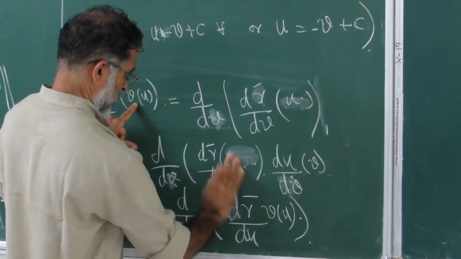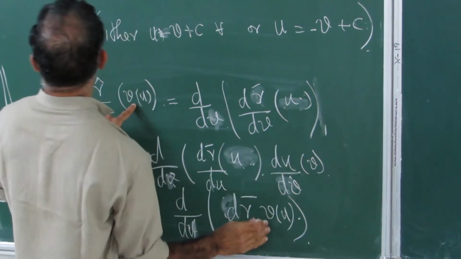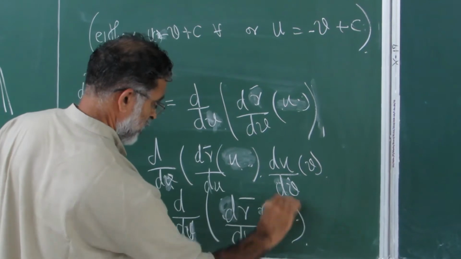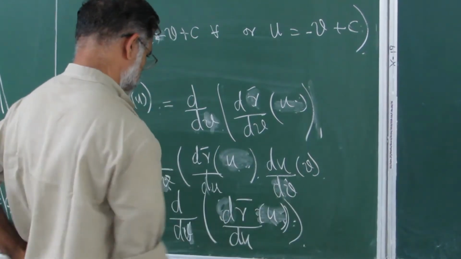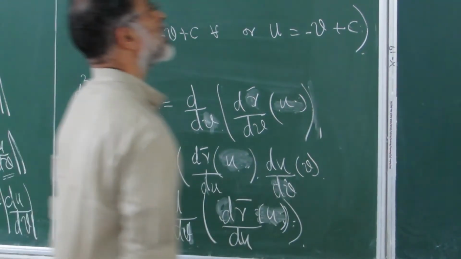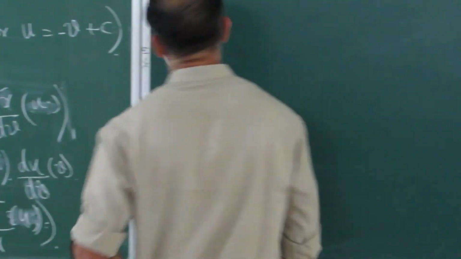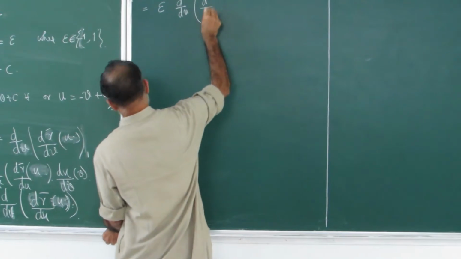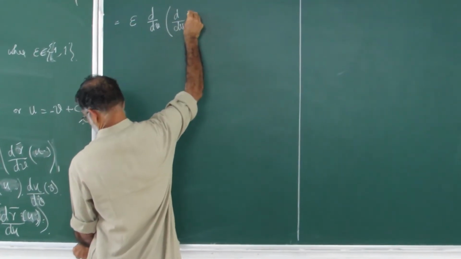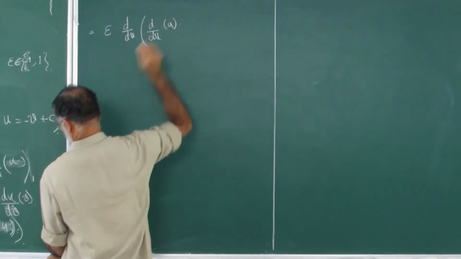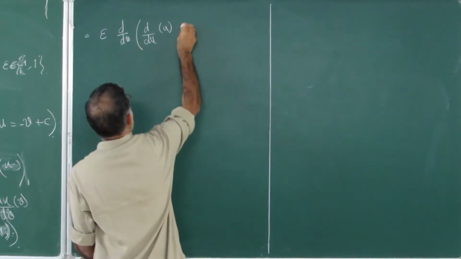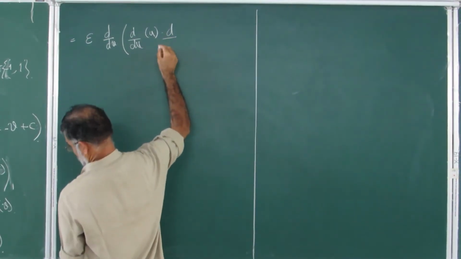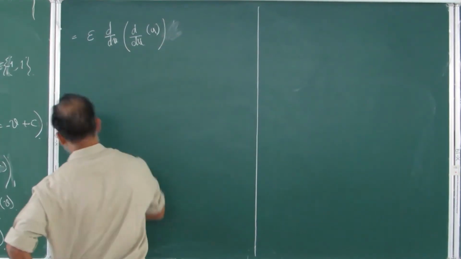You can see that gamma bar is evaluated at u. So this is d by dv of gamma bar by du at u into, yeah, so this is what we are looking for.